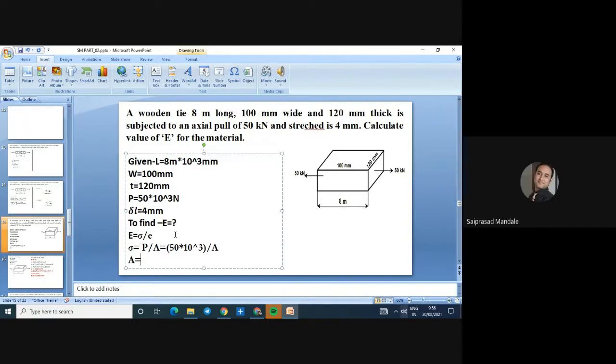Okay, so here the magnitude of the force is applied on which surface area, that we have to focus. The 50 kilonewton force is applied on the surface area which is having 120 mm width and depth as 100 mm.